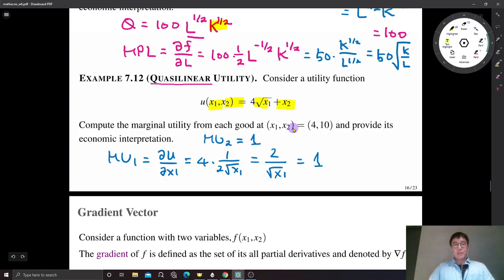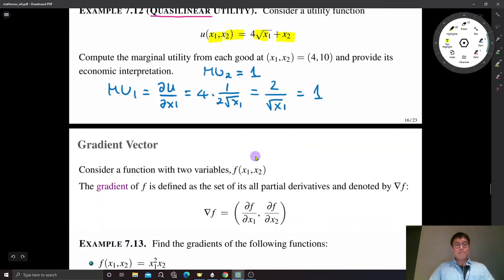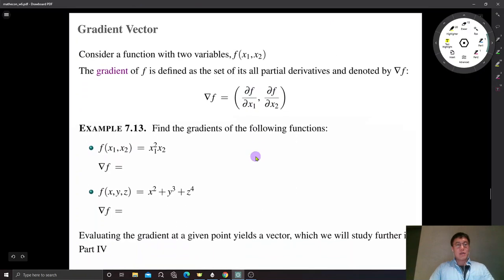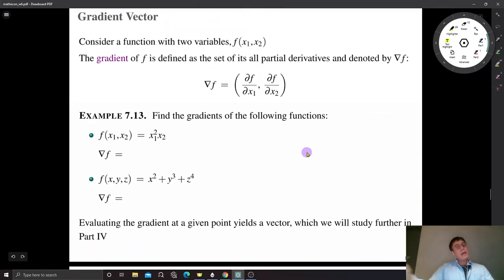So regardless of the current amount of consumption of good 2, this consumer's utility will increase by 1 if she or he consumes 1 more unit of good 2. Okay? So that is an application to economics, the application of partial derivatives to economics.